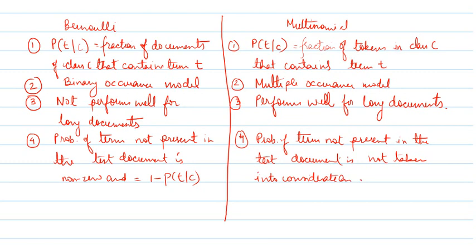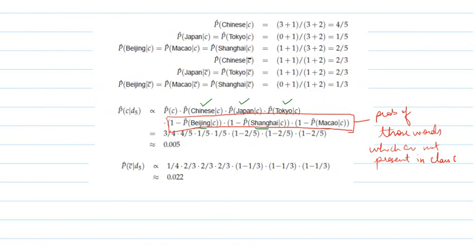We just don't take these probabilities into consideration while calculating. We have just P of C, P of Chinese given C, P of Japan given C, P of Tokyo given C in case of multinomial.